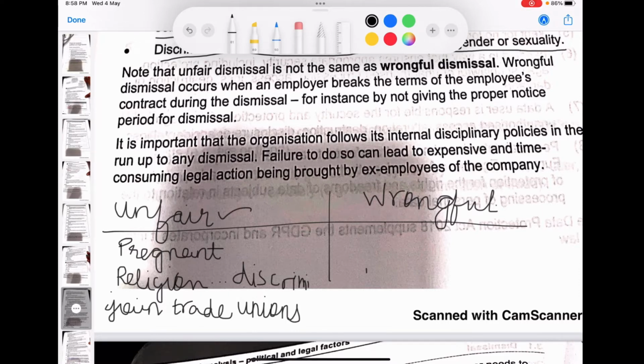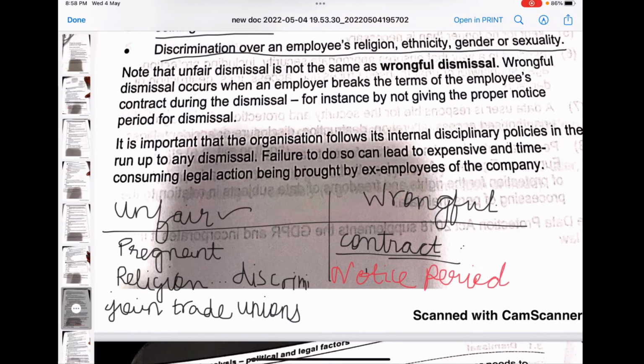What is wrongful? Wrongful is when the contract is breached or not followed, or if a decent notice period is not given. So unfair is about these reasons, and wrongful is when the contract is not being followed, or when the notice period is not being followed.